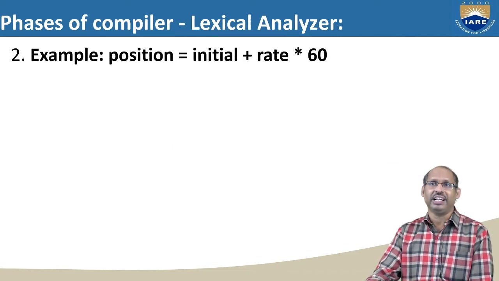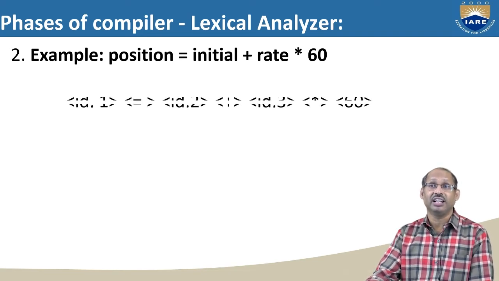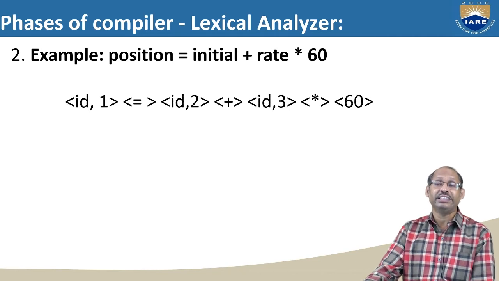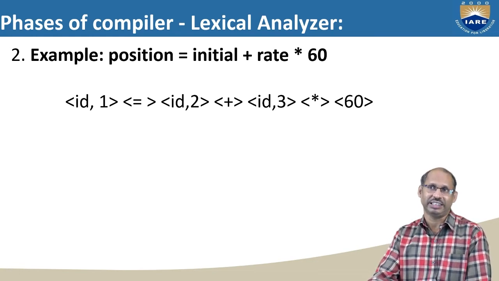We are considering another example. Position equal to initial plus rate into 60, right? That will be converted into a sequence of tokens. Identifier 1, assignment operator. Identifier 2, addition operator. Identifier 3, multiplication operator. Then number 60.